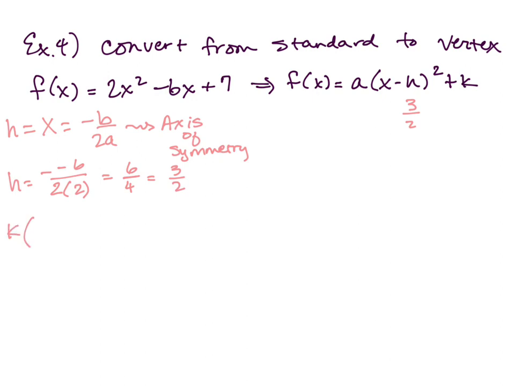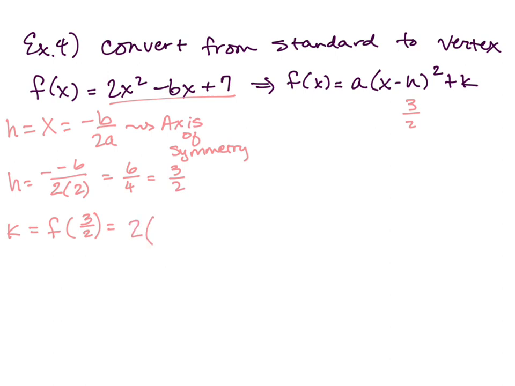Your k value is going to be equal to f of that h value. It's the y value. It's the output. So if you find 3/2 as x, that's your input, put it into your function, f of 3/2 is the y value for the vertex, the output. So we're plugging 3/2 back into this function.